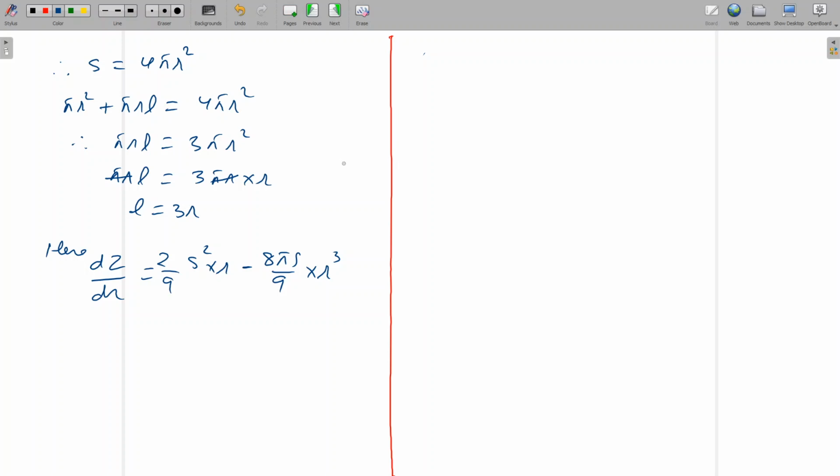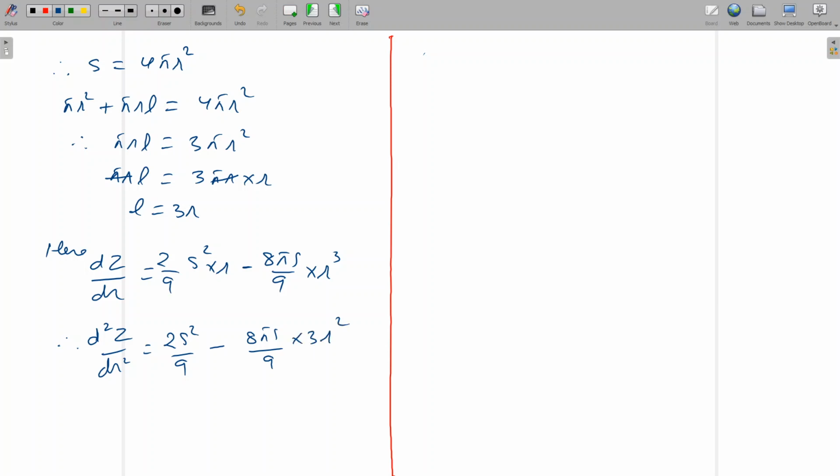Therefore d square z by dr square will give us equal to, here 2s square by 9 is constant, so 2s square by 9 as it is, differentiation of r is 1, so minus also 8 pi s by 9 is constant and differentiation of r cube is 3r square, so 3r square.